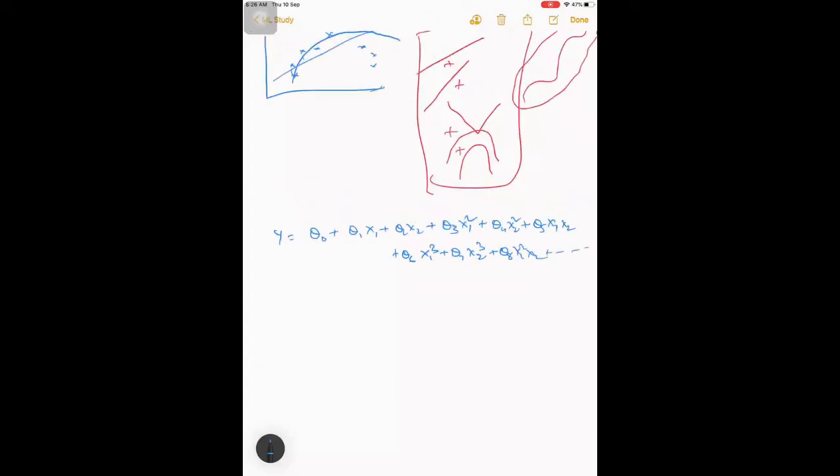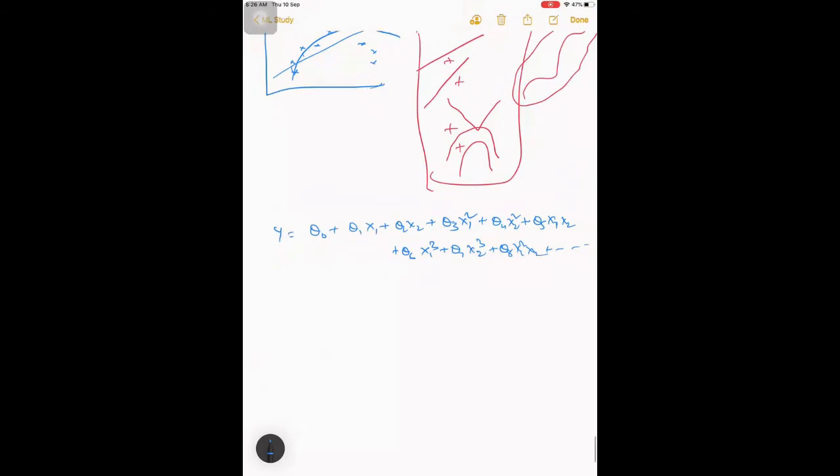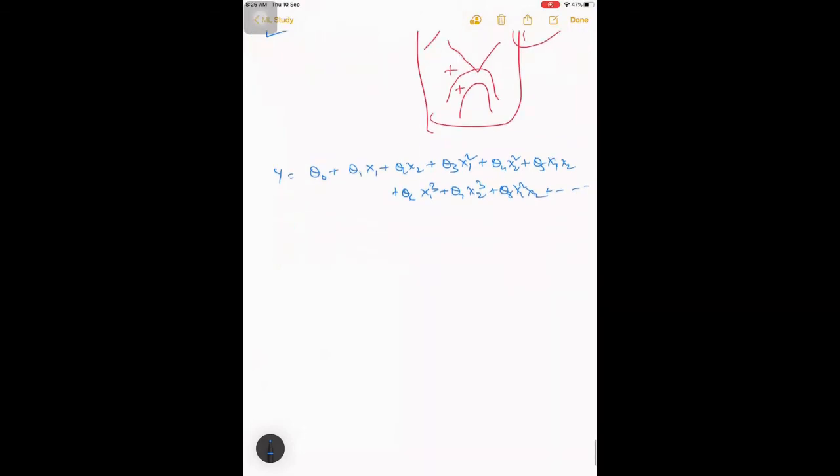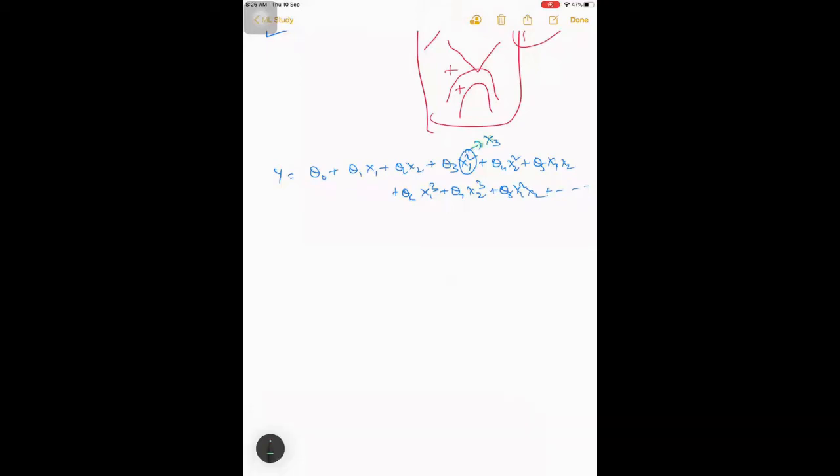But to get a generic form of equation, what we will do is treat this x1 square as x3. Let me write it differently. This one let's treat as x3.